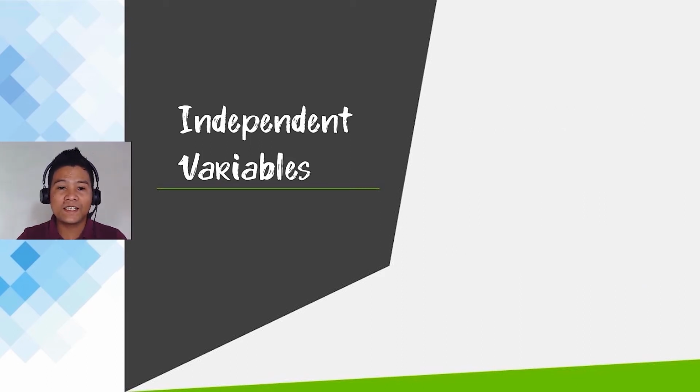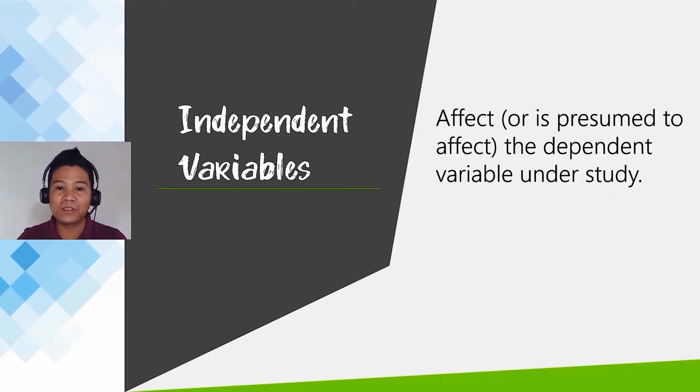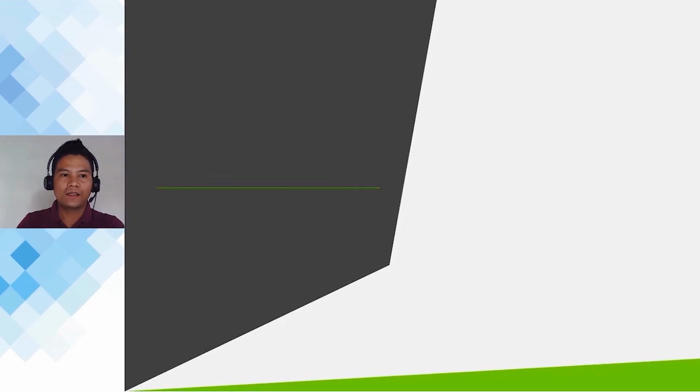Thus, we can say that independent variables are those that affect or are presumed to affect the dependent variable under study. It is important to note that there are other factors that may influence the outcome or the dependent variable, which are not manipulated or predefined by the researcher.